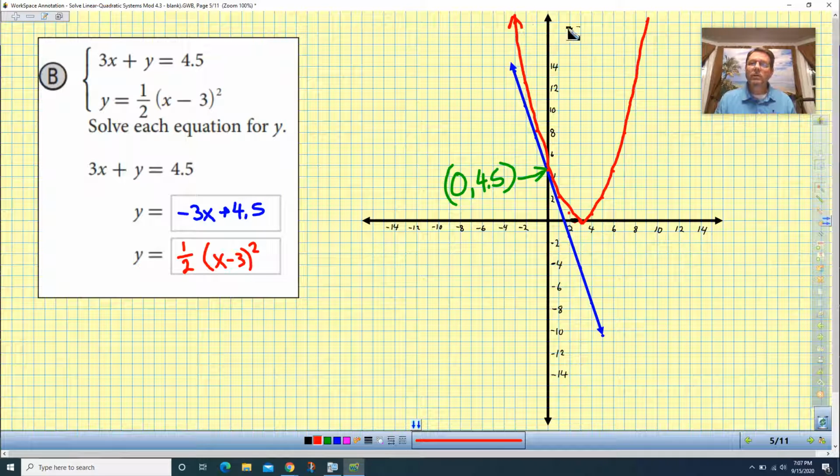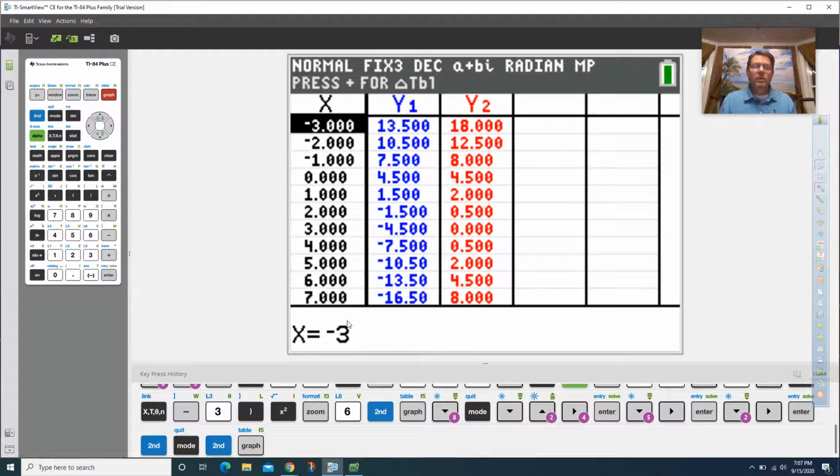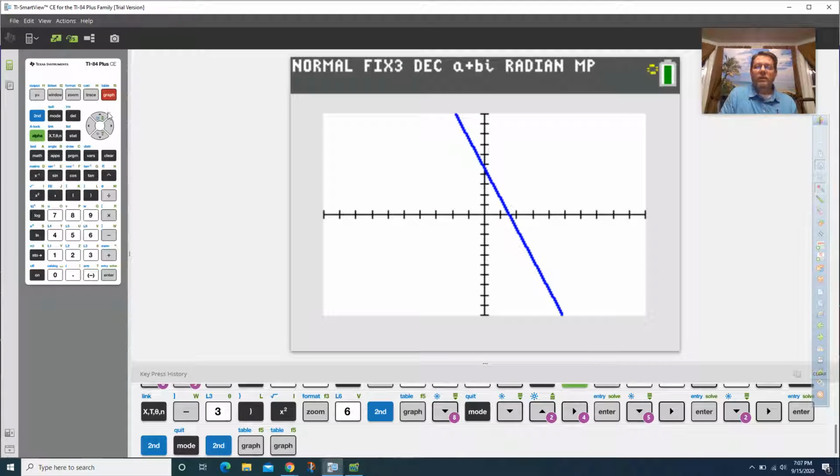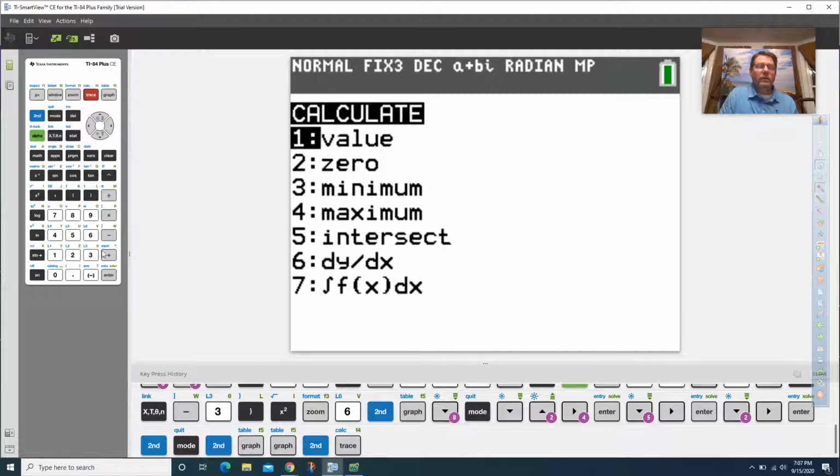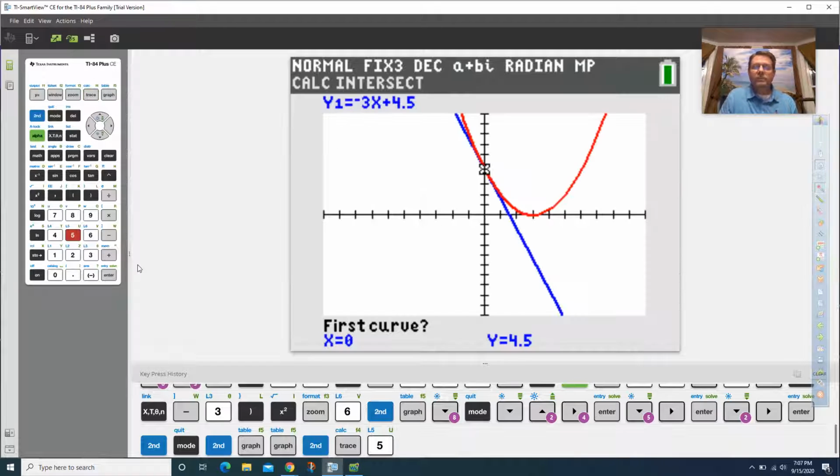So let's calculate on our calculator and double check ourselves, okay? So come back over here, look at our graph again. We hit second, calc, 5, enter, enter, enter, and there it is, 0, 4.5.